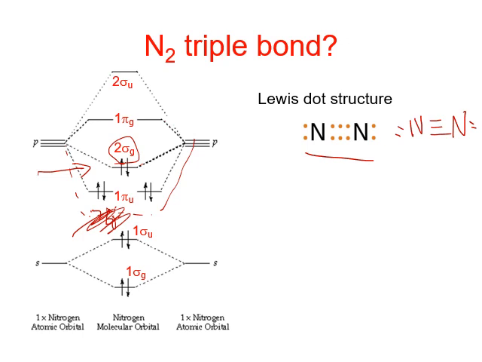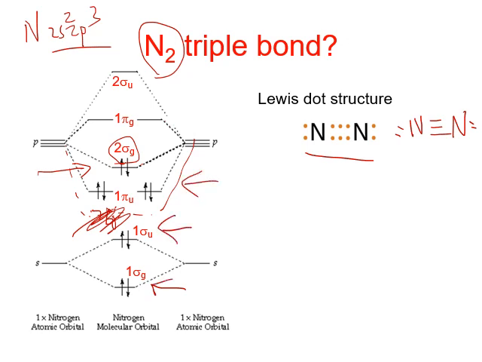Second step, we count the total number of valence electrons. Each nitrogen has 5 electrons, so 2s2, 2p3. So 5 electrons for 1 nitrogen, and 2 nitrogen atoms should have 10 electrons. 2 go to 1 sigma g, 2 go to 1 sigma u, 4 go to 1 pi u, because you have 2 pi orbitals, 1 from 2px and 1 from 2py.